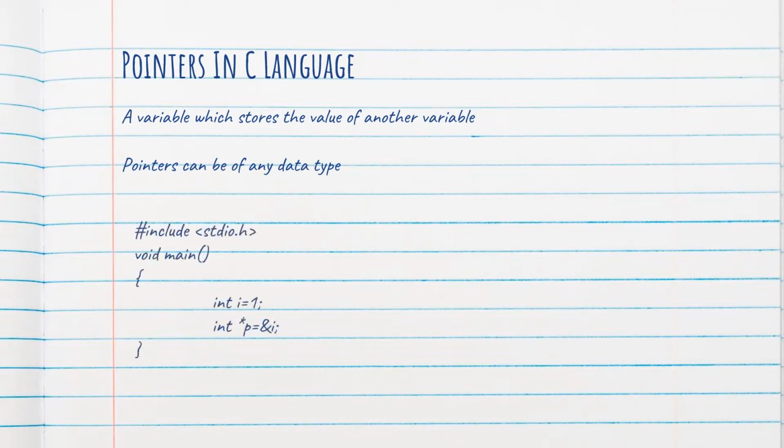In a C program, we can create a pointer using a star symbol. You can see in the example that we have used int *p = &i. In this example, you can see that p is an integer pointer and it is storing the address of i variable, which is also of integer data type.